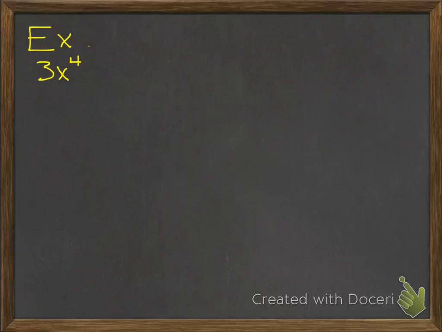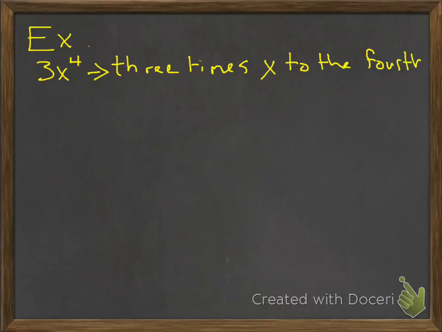Okay, so let's look at some examples. These aren't very hard, and this should be fairly easy. We're going to start off with this one. I see a 3, an x, and a little 4. Well, what does that mean? If I were to write that out, just the way I would say it, that would be 3 times x to the 4th power. You could also write 3 times x raised to the 4th power.